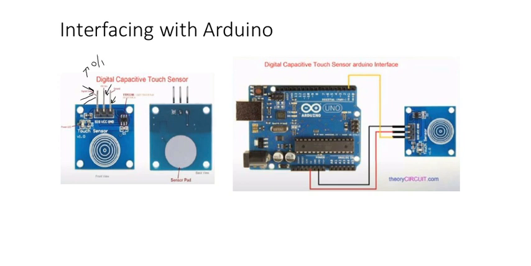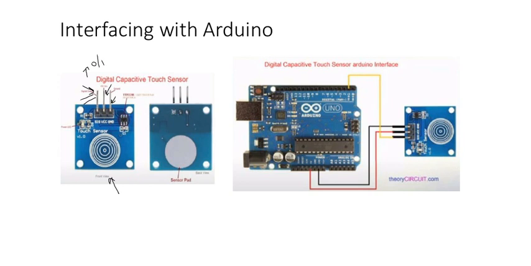It's very easy to connect because all the circuitry is built inside the module itself. So those 2 pins will be connected to ground and plus 5 volt, and you can simply connect the output to a digital input pin, and you can get whether the touch has happened or not.